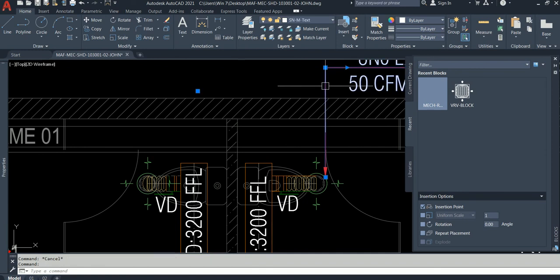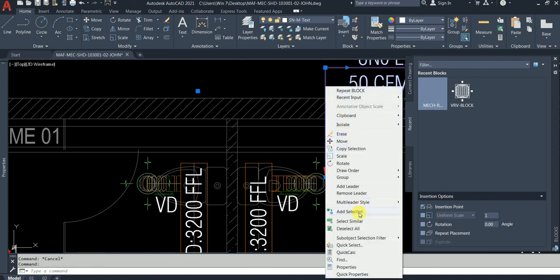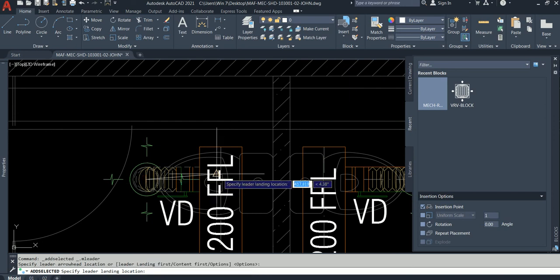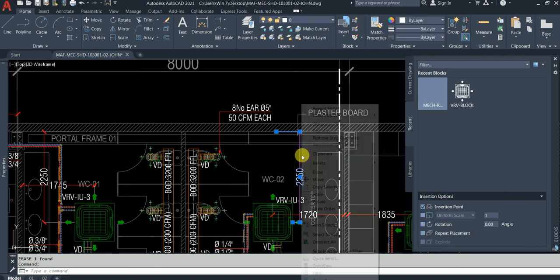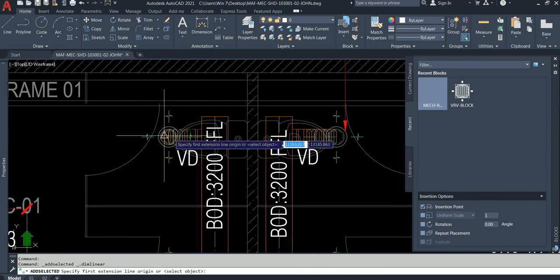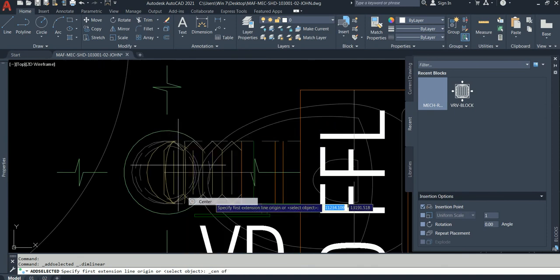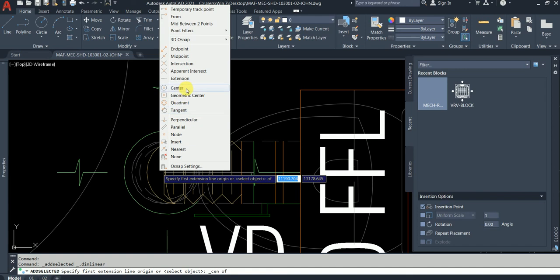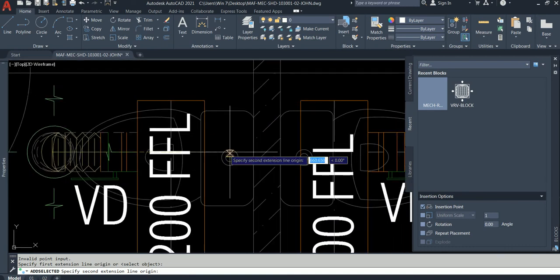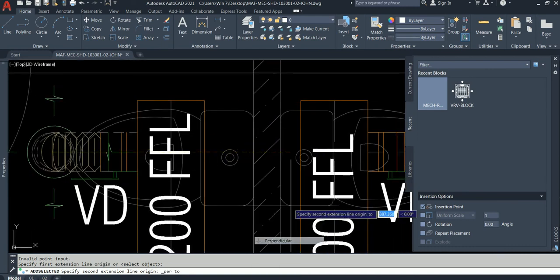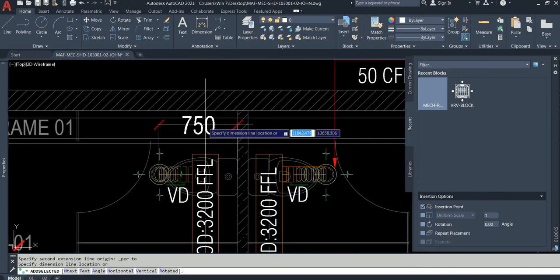What we can do is select one of the dimensions, select add selected. F8. Oops, sorry, my mistake. 750.